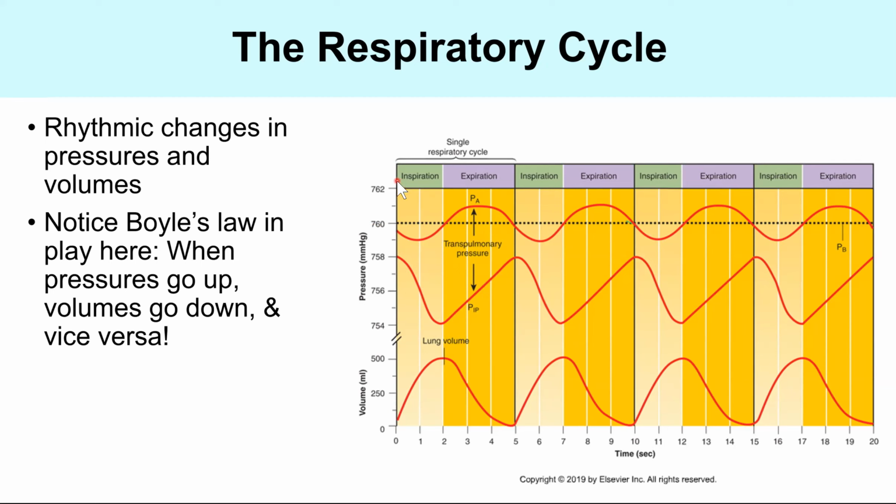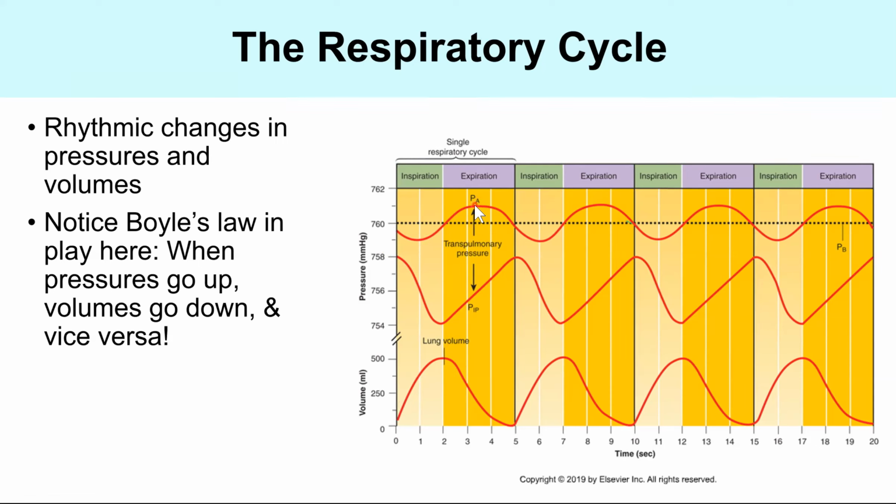So let's just think about this. When we inhale, our lung volume is going to increase. Our alveolar pressure is going to increase. Our intrapleural pressure is going to decrease. Okay.